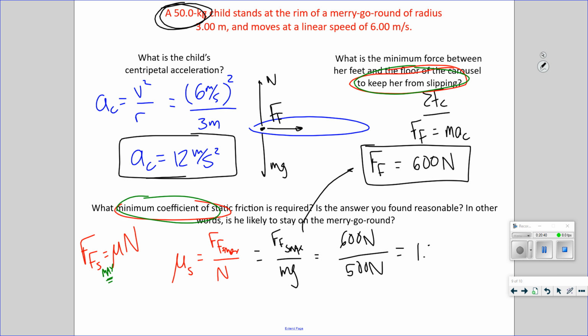That's 1.2. Uh-oh. Notice this part of the question: is she likely to stay on the merry-go-round? No, not likely. Why is that? Because mu static is very rarely more than 1. This is an infeasible situation. Good to be able to recognize.